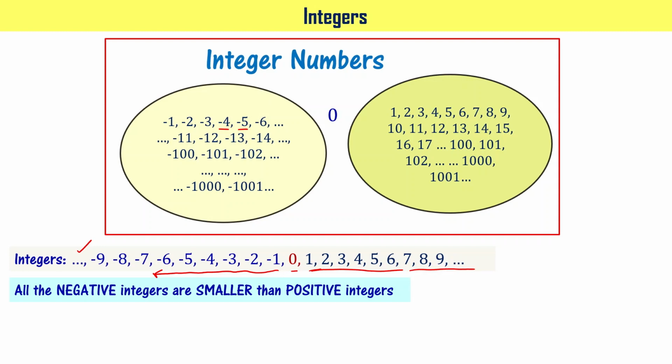As you see here, all the negative numbers like -9, -8, -7, and so on are smaller than all the positive integers, right? At the same time, all the negative integers are smaller than 0 also, right? If you go onto the positive side, you will have bigger and bigger numbers.